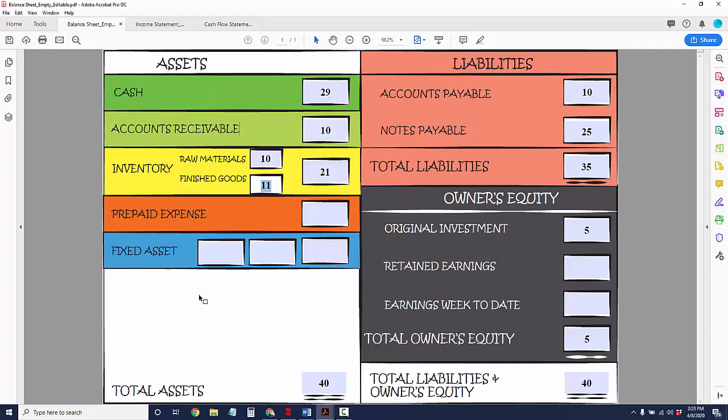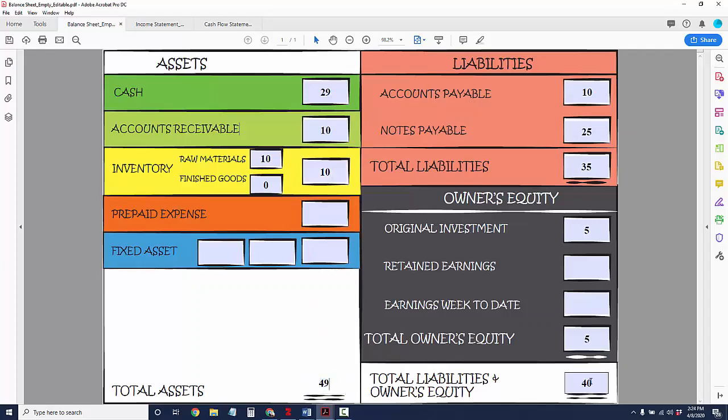The other thing that's affected is our inventory. Our finished goods goes down to 0 because we sold all the 20 scoops that our brother had made. So finished goods goes from 11 to 0 and inventory goes to 10 because you only have $10 left in raw materials. This brings our total assets to 49.